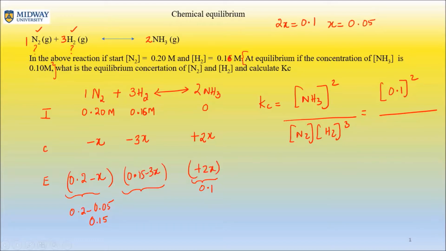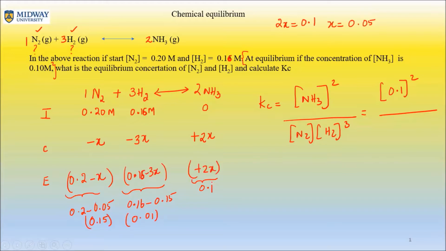So let's change this to 0.16. I know why, because 3 times 0.05 is 0.15, and it's just going to present an awkward situation. So 0.16 minus 0.15 would be 0.01, right?